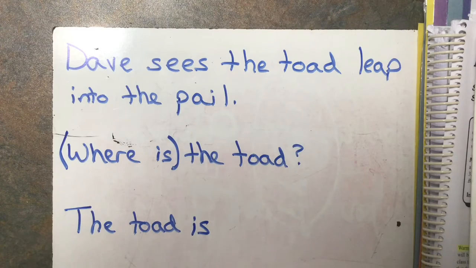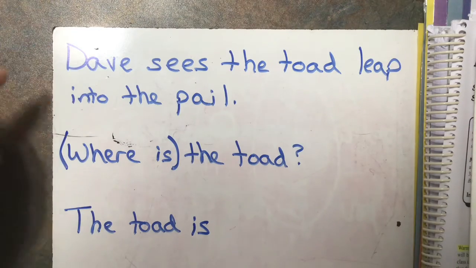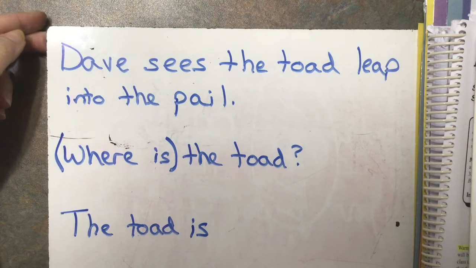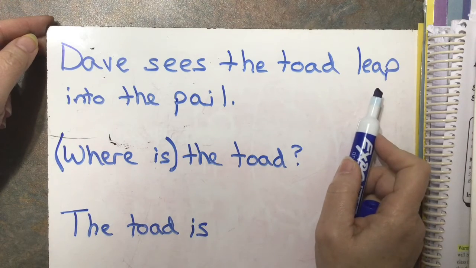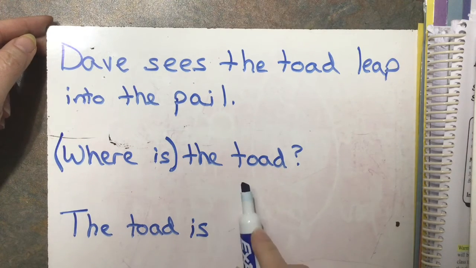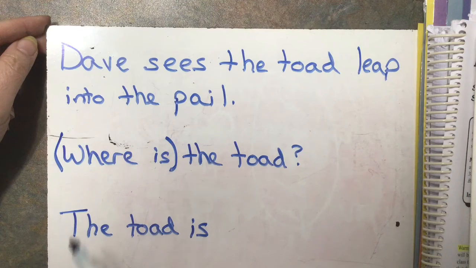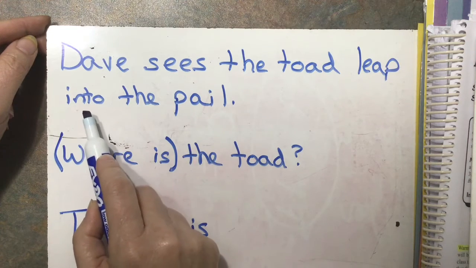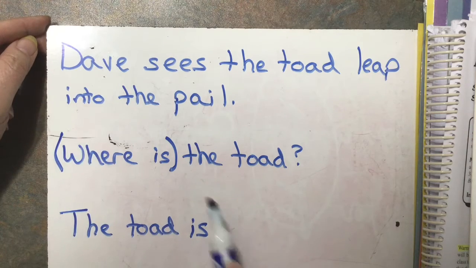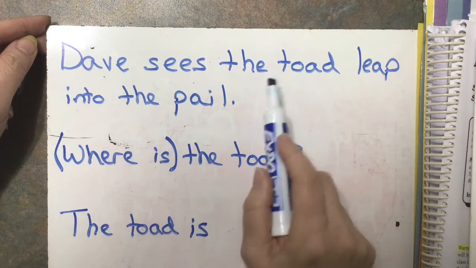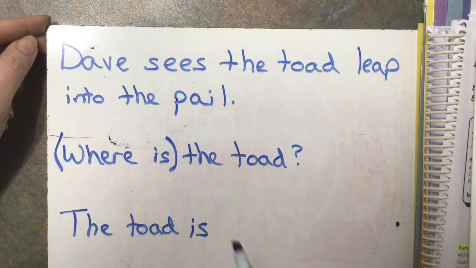Now we're going to go into the story, or in this case, this sentence, to find where is the toad. Where is the toad? Do we need the word leap? No, we just need to say where is the toad. So the toad is, do we need to say into? No, all we're doing is talking about where is the toad. So after the toad has done this action, where is he?